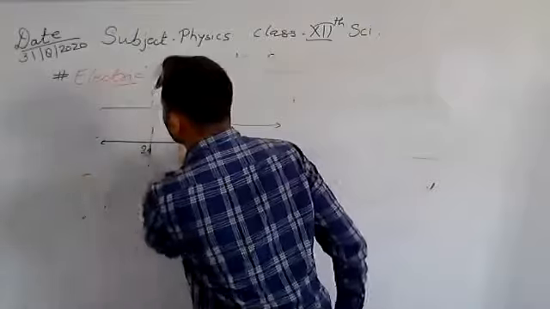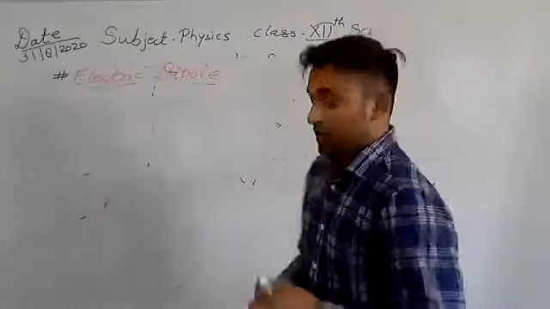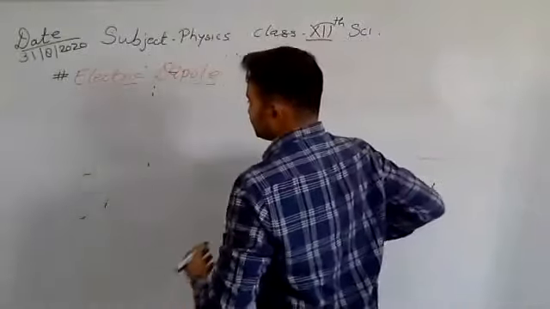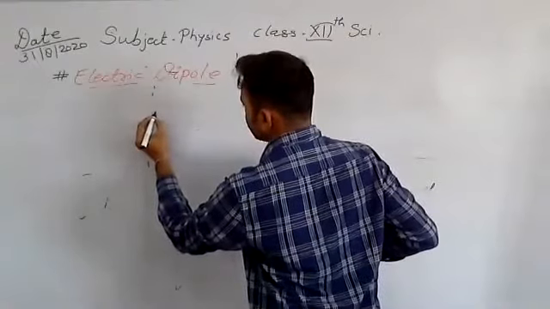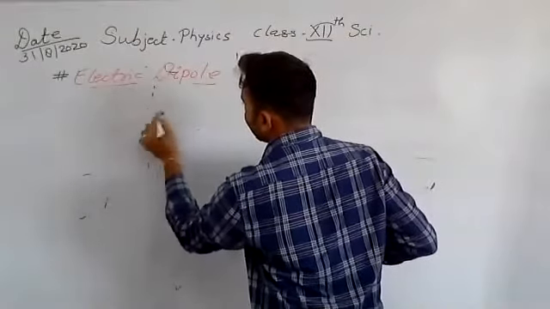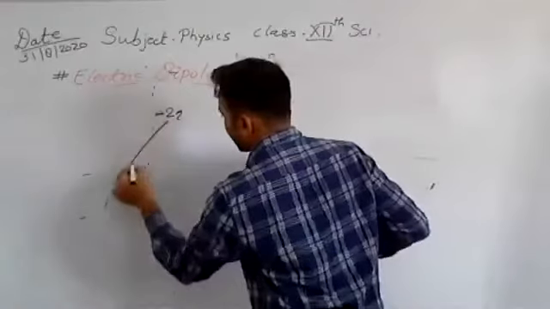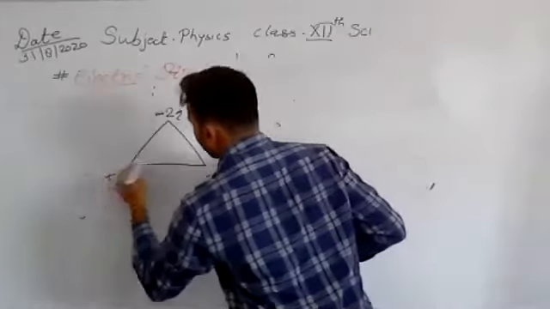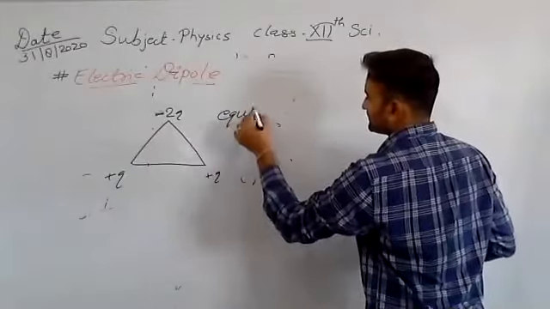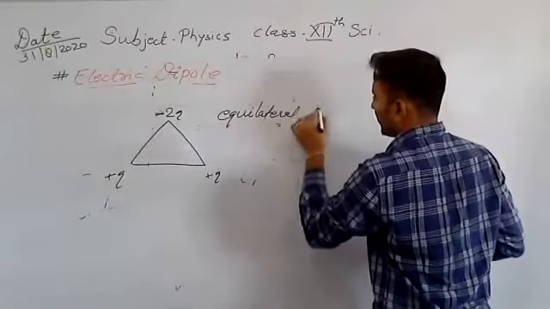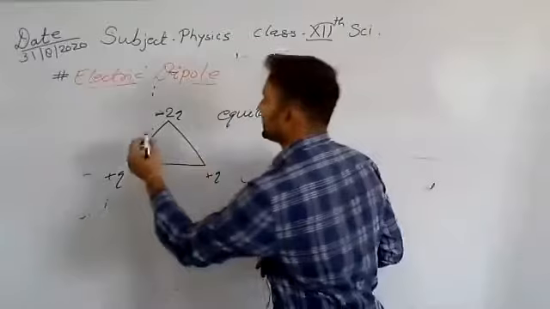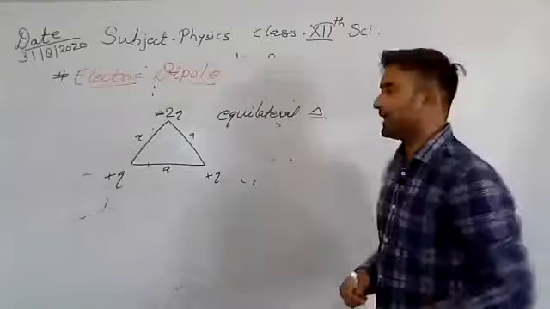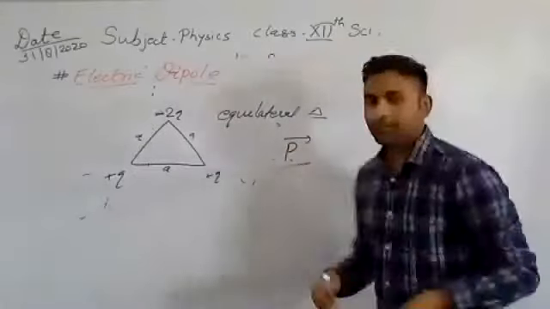Then let's do a question. We have placed 3 charges, let's say minus 2q and plus q and plus q on an equilateral triangle, having each side equal to A. And you need to find out the dipole moment.